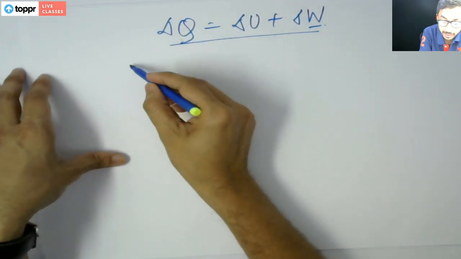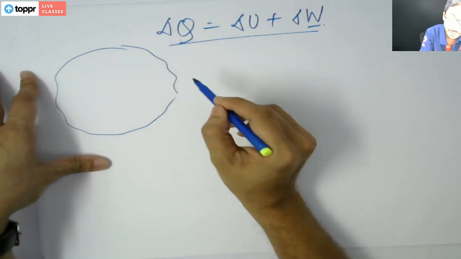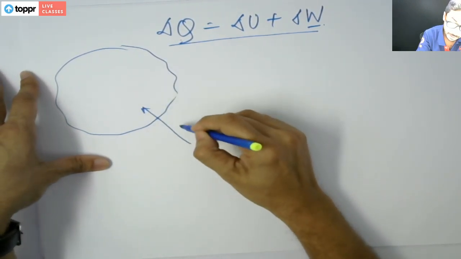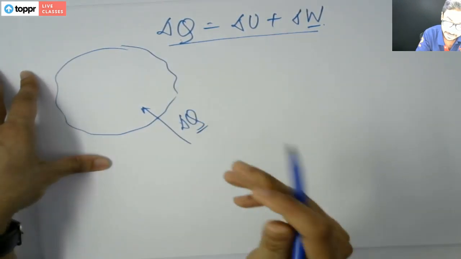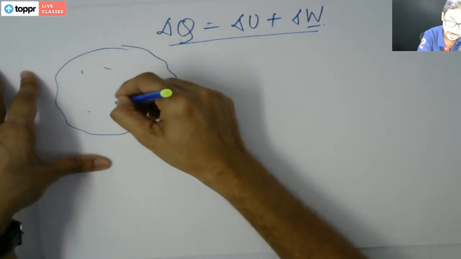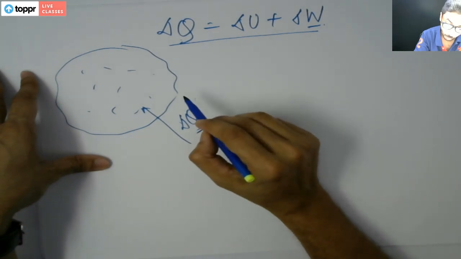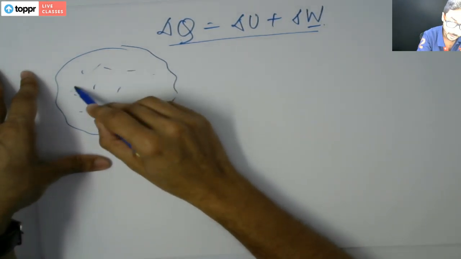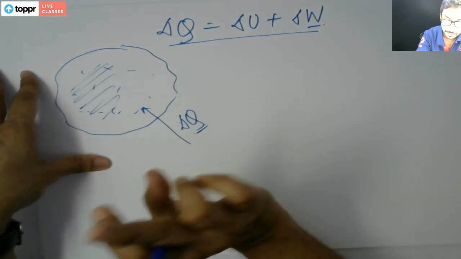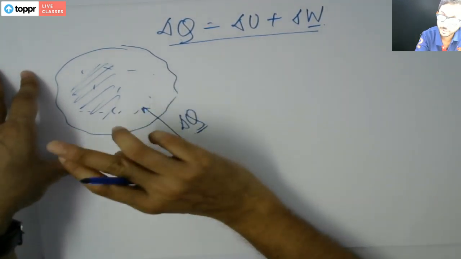Suppose there is a gas, right? You are heating up the gas, that is, you are applying some heat on the gas. So what will happen? Two changes will occur. One, because of the heat, the molecules will start vibrating more vigorously.